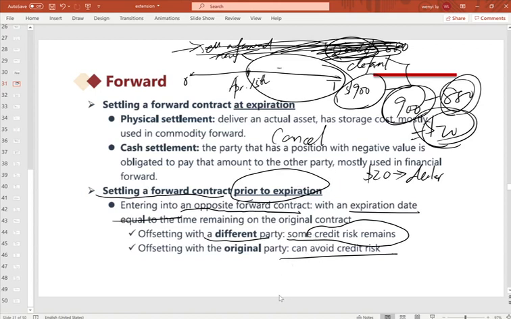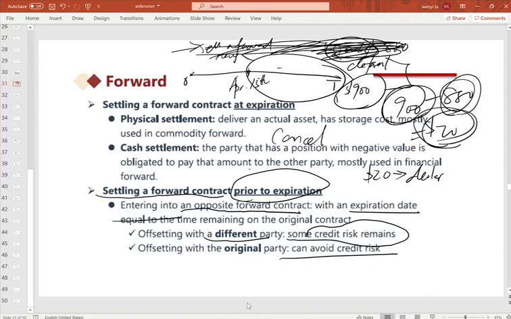As a forward holder, you cannot tell the counterparty that you will let this forward contract go and not do anything. That's not how you can do it in the market. If you do that, it means you actually default, so in the future the counterparty can file a claim or maybe even file a lawsuit against you.